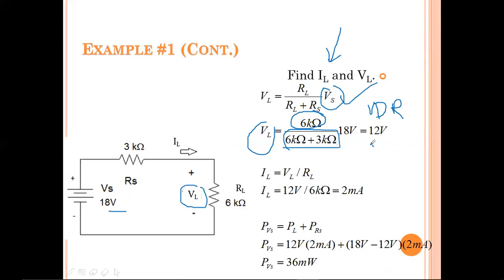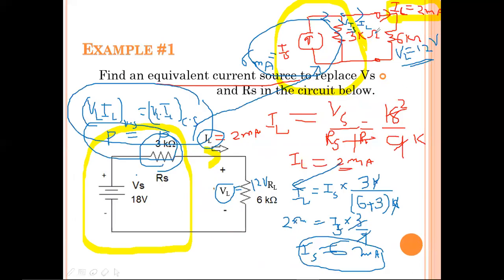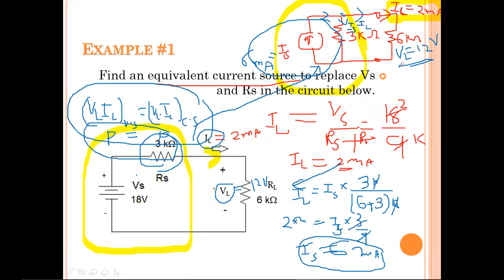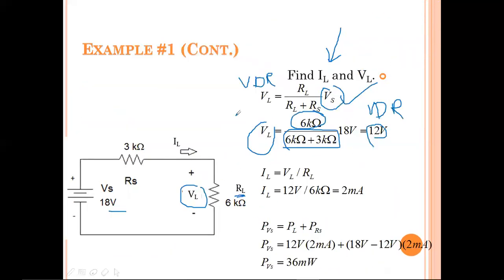Then you will get 12 volts across this resistance. I followed the CDR here, but in the next slide it is the VDR. That is the reason I used a different method for finding VL and IL. I used CDR over here, but here I used VDR, directly, using this circuit before the conversion.